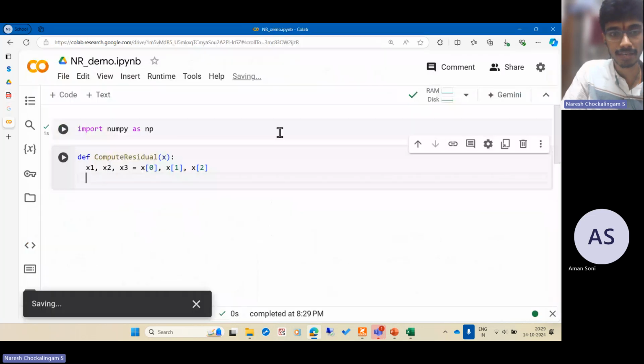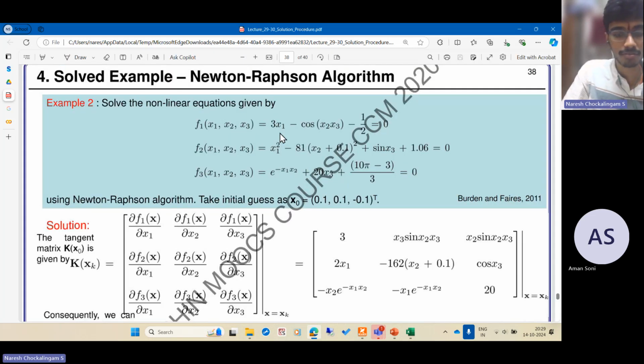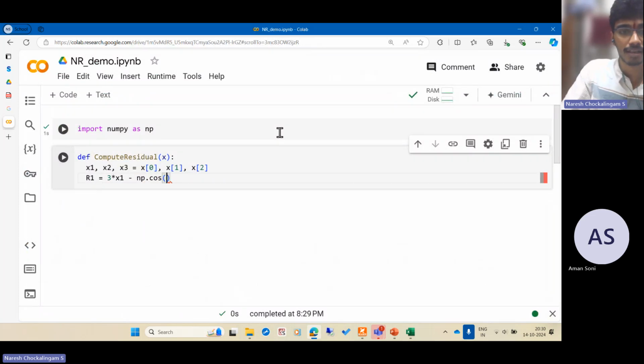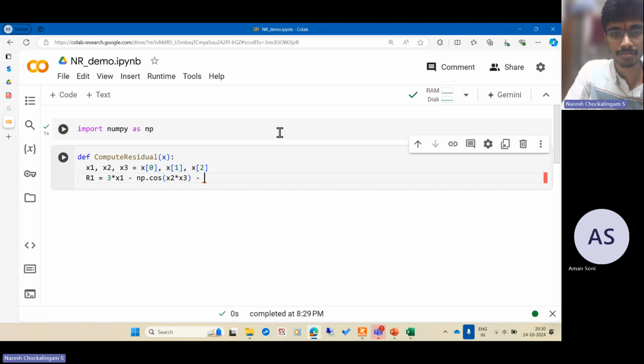So let's say R1 is equal to 3 times x1 minus np dot cos x2 star x3 minus 1 by 2.